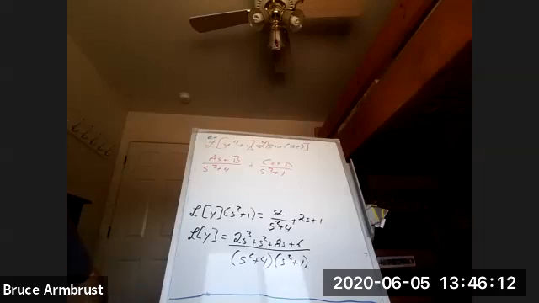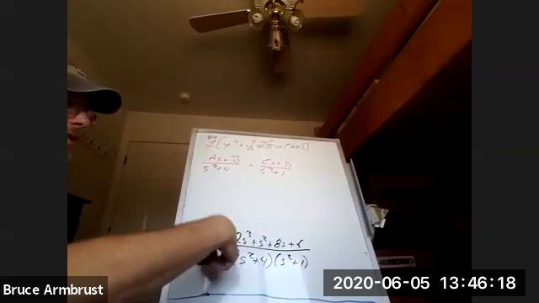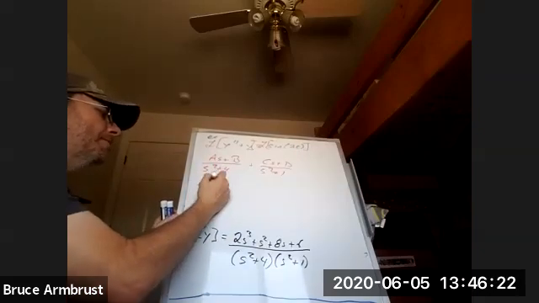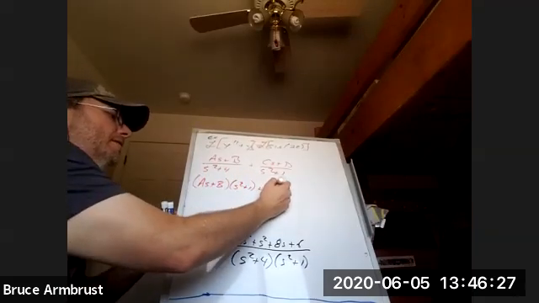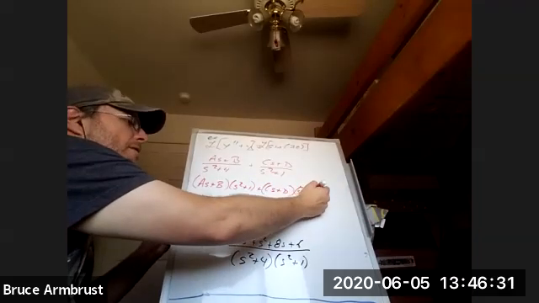All right, so let's take care of this then. We'll do the same thing that we always do, which is get a common denominator and set that equal to this top. So we're going to get as plus b times s squared plus 1 plus cs plus d times s squared plus 4.